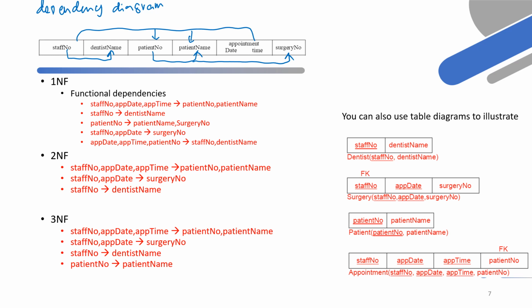Staff number and appointment date can be used to determine the surgery number. So this is another key. The first three dependencies are obvious, but the rest maybe are not obvious. If lack of information is given, then we make an assumption. So this goes back to the note given, that defining the functional dependencies is subjective.